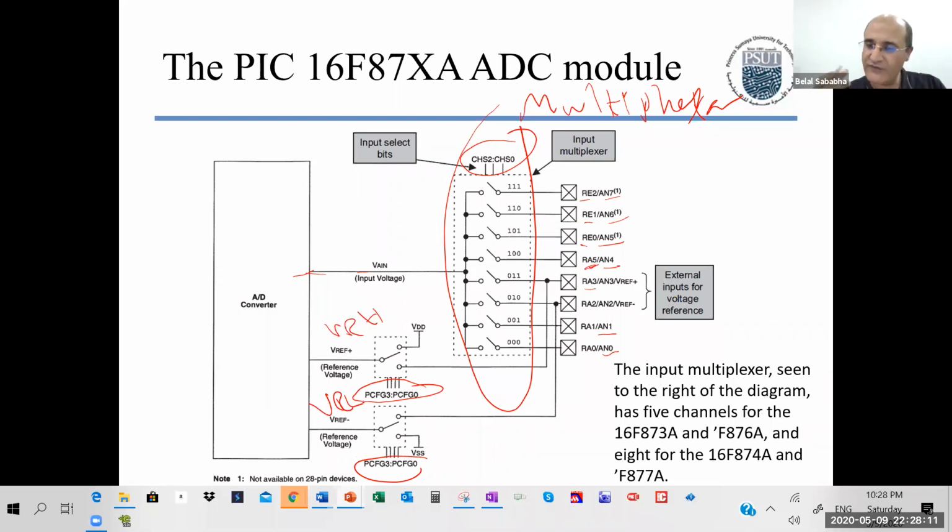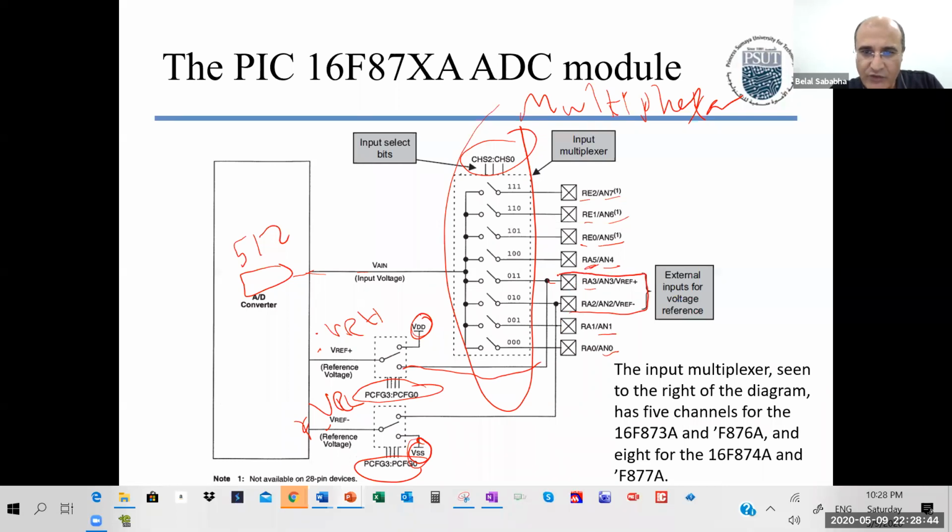Because these are very important. If it's 0, we said it's ratiometric. The reading you get from here, the 512 that you get from here, for example, translates into a different voltage if this was 0 and this was 5, or if this was 1 or 2 and this was 5. Right? So we have the option to select the voltage references to be the voltage source and ground of the microcontroller, and we can switch it and connect it to 2 pins, port A3 and port A2.